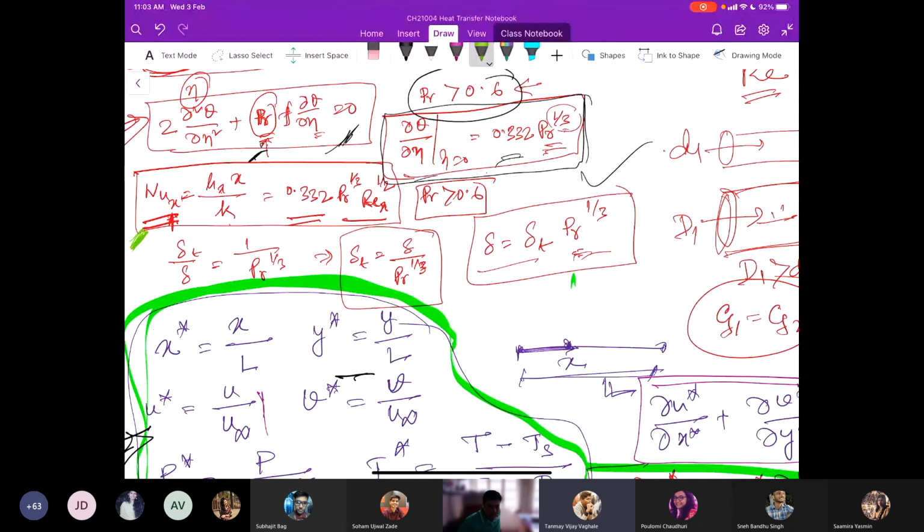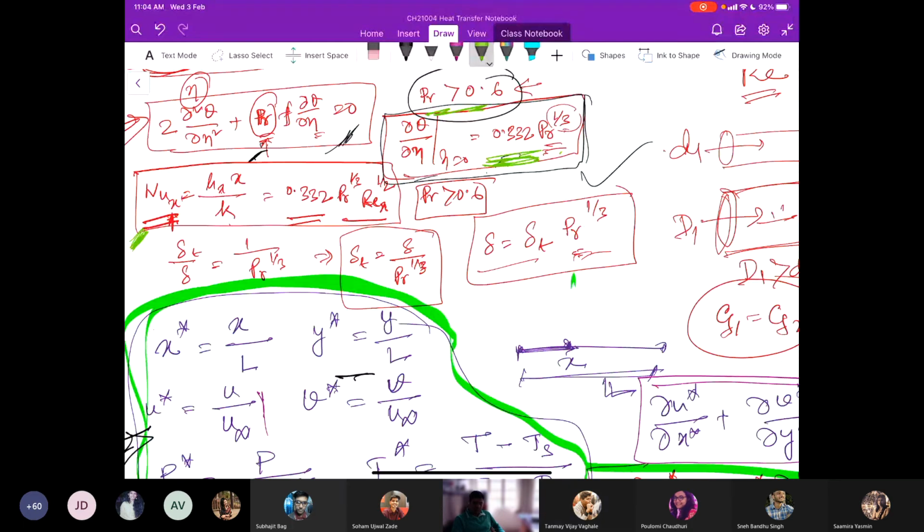So this is the thing that I told Samira, that we have not gone into the details of this theoretical solution. But once you get the solution, you get that d theta by d eta is 0.332 Prandtl number to the power 1/3, for the range of Prandtl number greater than 0.6.